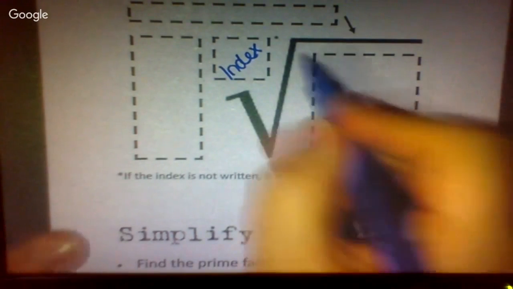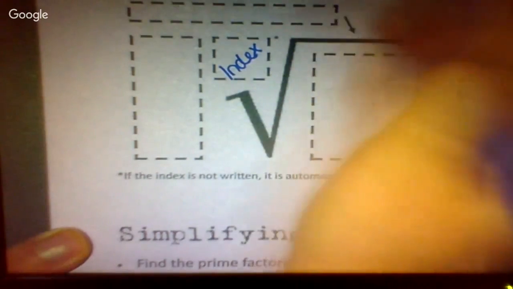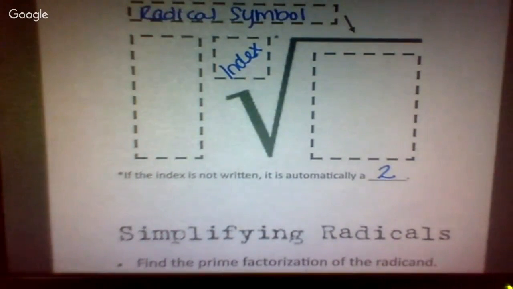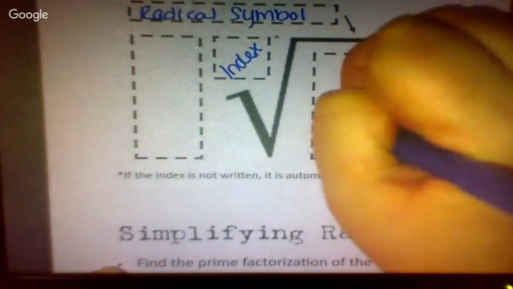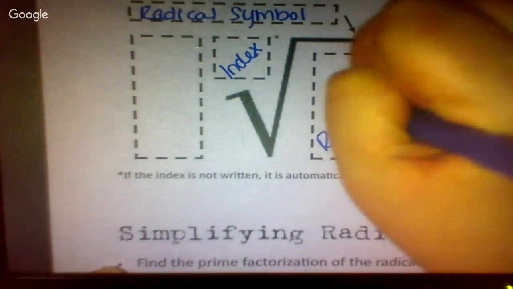This symbol right here that this is pointing to is called your radical symbol. Anything that falls underneath that symbol, whether it be a number or a variable or a mixture of both, is called your radicand.